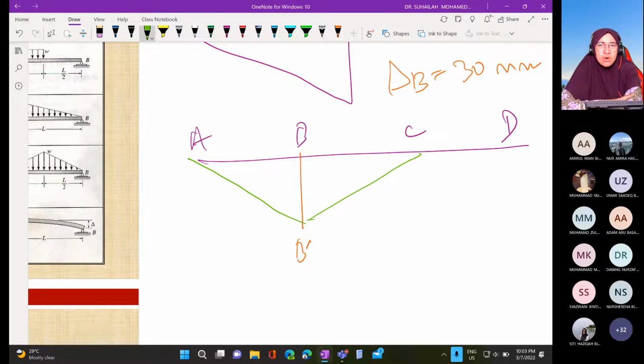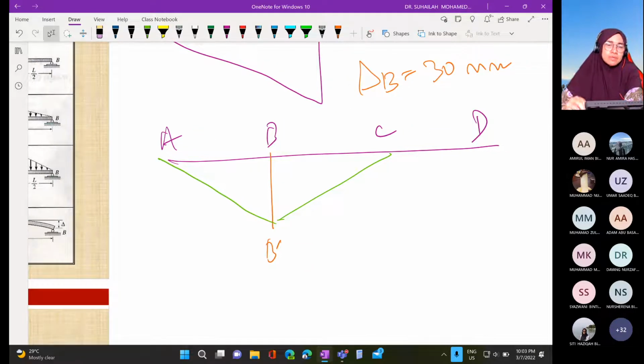Okay, when this condition occur, so yang ni we have to calculate FEM due to support settlement. Yang tadi due to loading, PW, semua tu loading. But when it comes to support settlement, the diagram due to support settlement will be like this. For example, let's say delta B is equal to 30 mm.